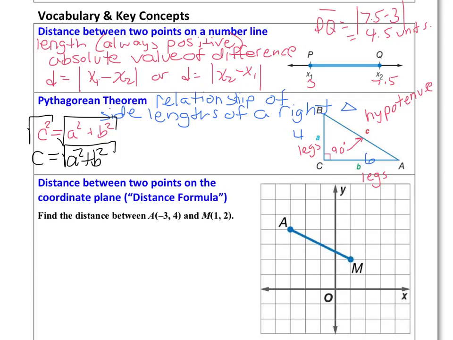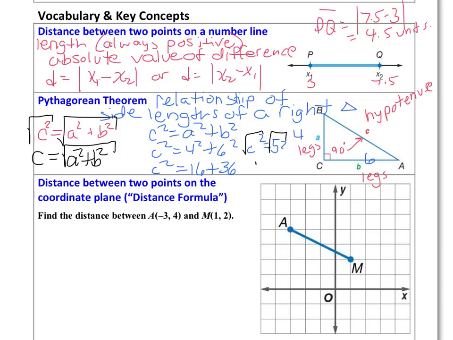So let's see what we get. c squared equals a squared plus b squared. c squared equals 4 squared plus 6 squared. Well, 4 squared is 16 and 6 squared is 36. I have c squared equals 52. I did my math right. And I'm going to take the square root of both sides. And I have a hypotenuse length then of square root of 52 units long.